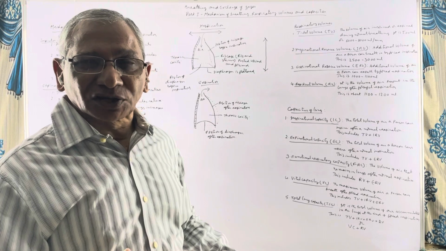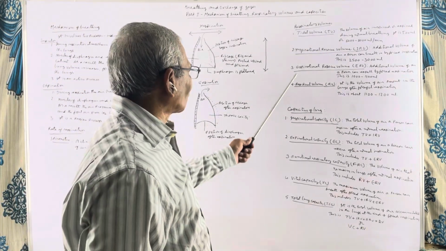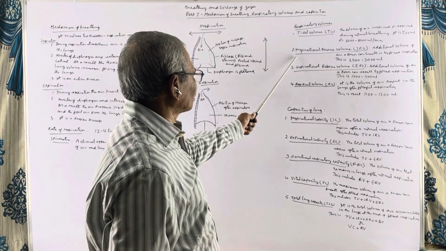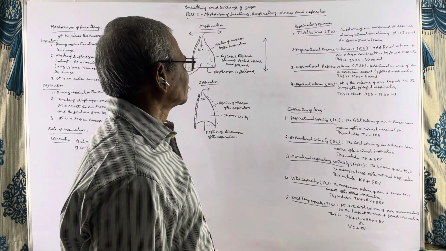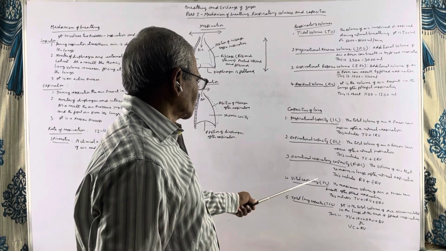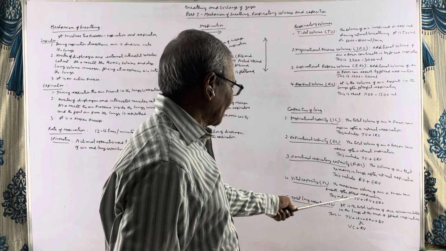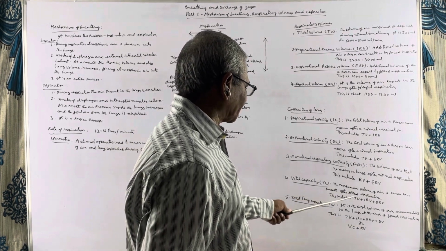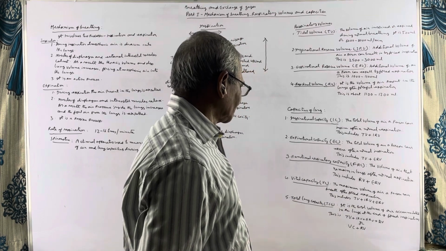Then how much air can we breathe in? We can breathe in tidal volume, inspirational reserve volume, and also expirational reserve volume. So vital capacity is the maximum volume of air a person can breathe after forced expiration. That means TV plus IRV plus ERV.